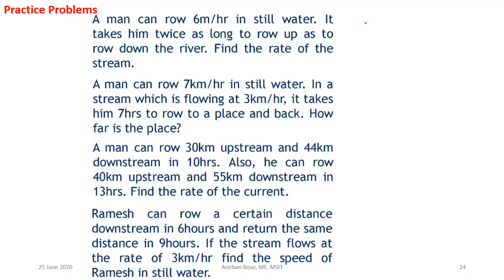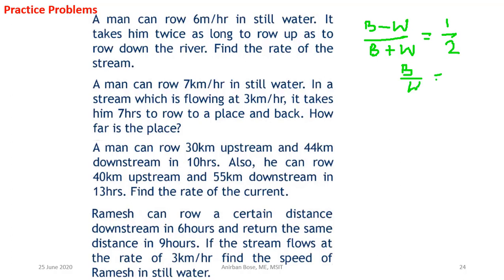In this case, basically the upstream and downstream velocities are compared. Upstream velocity divided by downstream velocity, and this ratio is given as twice in time, so the velocity ratio is half, because upstream is smaller and downstream is more. So you can easily find it by using componendo and dividendo.